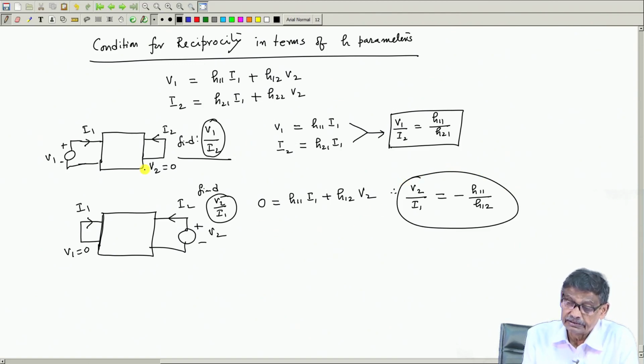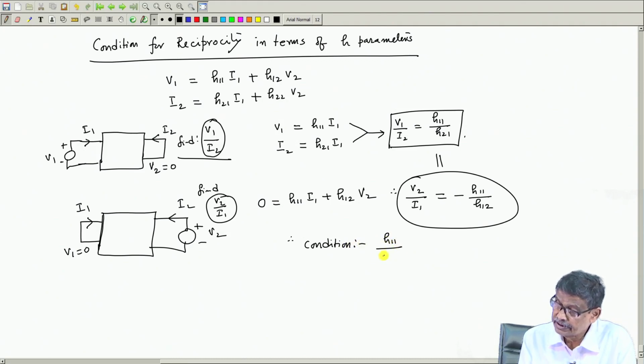For this, the two port network will be reciprocal provided these two are equal, which means that the condition is H 1 1 by H 2 1 is equal to minus H 1 1 by H 1 2, or I will say H 1 2 is equal to minus H 2 1.